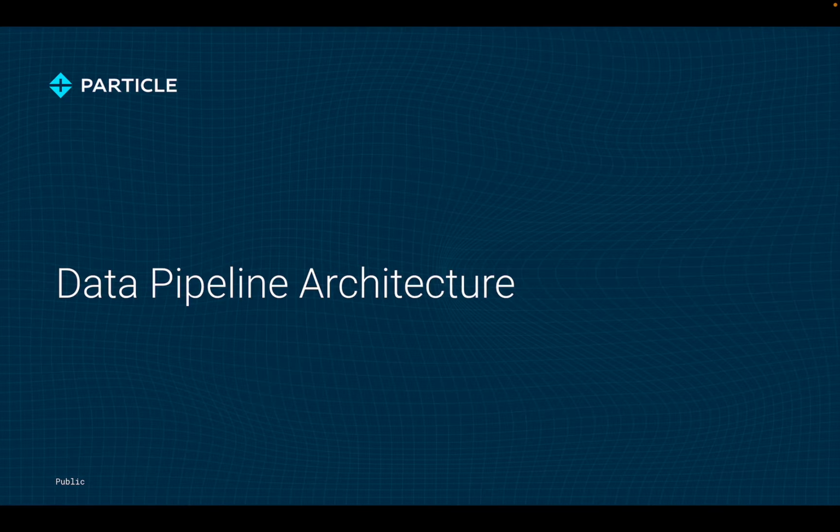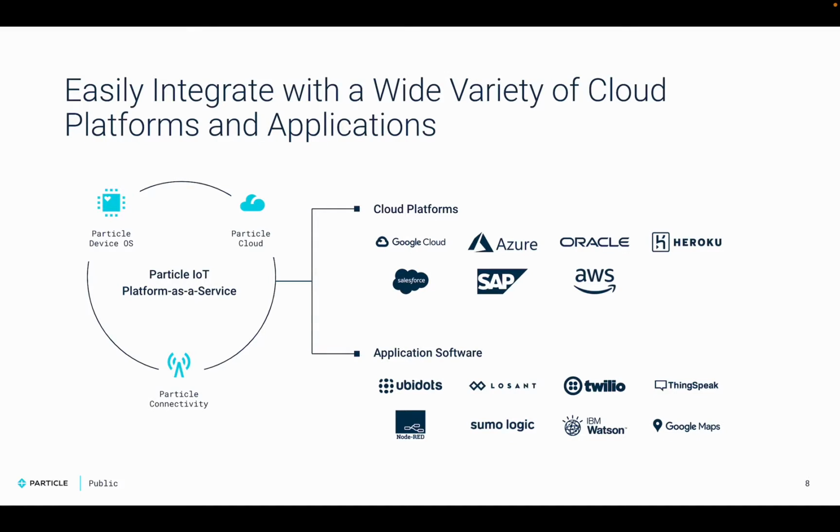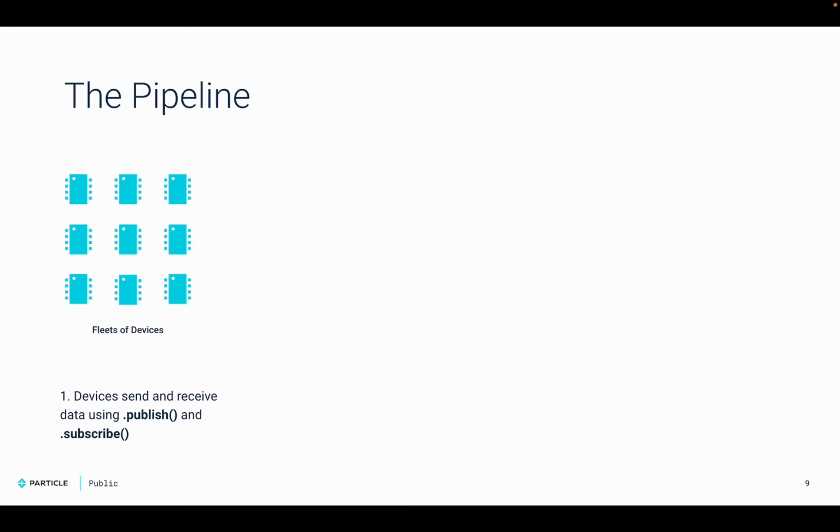First, let's understand at a high level how our bidirectional data pipeline works. As we discussed before, the Particle platform provides an easy mechanism to integrate with virtually any cloud platform you can think of. Let's take a look under the hood to get a better understanding of what happens behind the scenes.